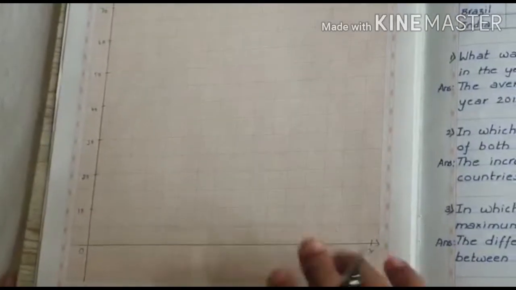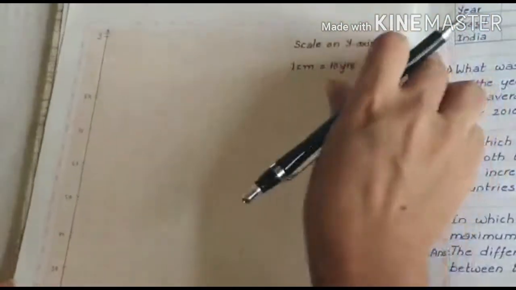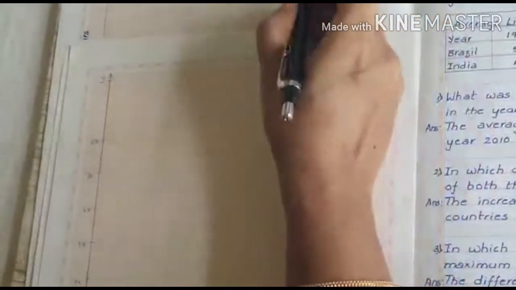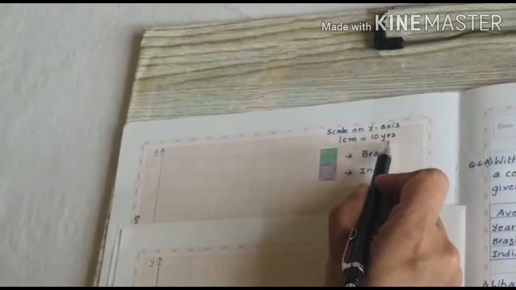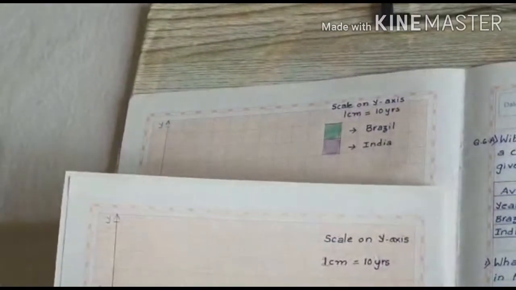If we are taking a scale as 2 centimeter is equal to 10 years. Okay. We can also take the scale as 1 centimeter is equal to 10 years. Both are right. So you can decide your scale according to what you want.